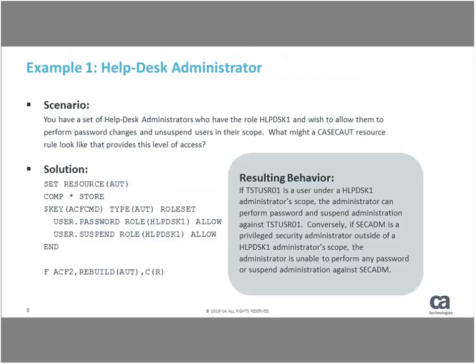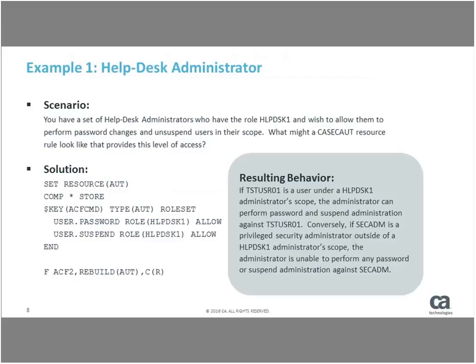So this brings us to our first example. You have a help desk administrator who has a role called HLPDSK1, and you wish to allow these administrators with that role the ability to change passwords and unsuspend users for all users in their scope. So you might ask, what might a resource rule for this look like?